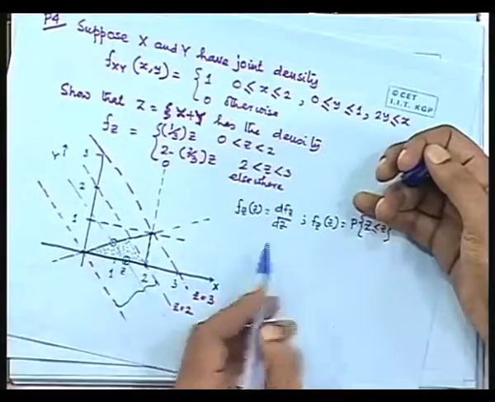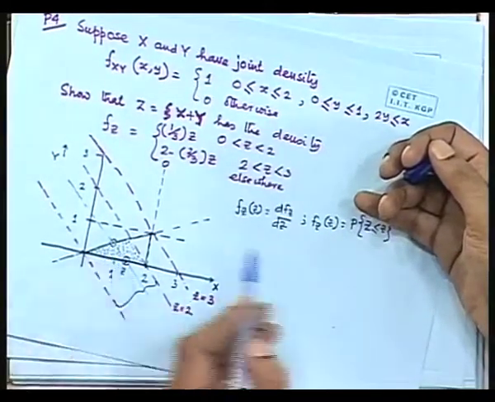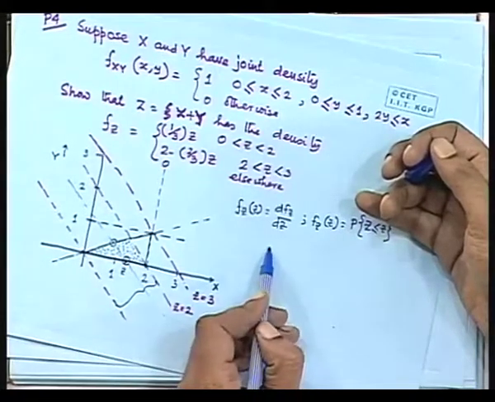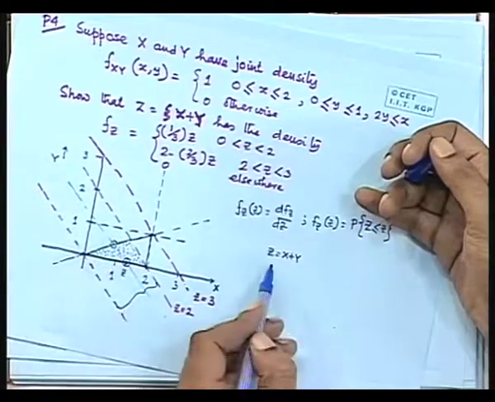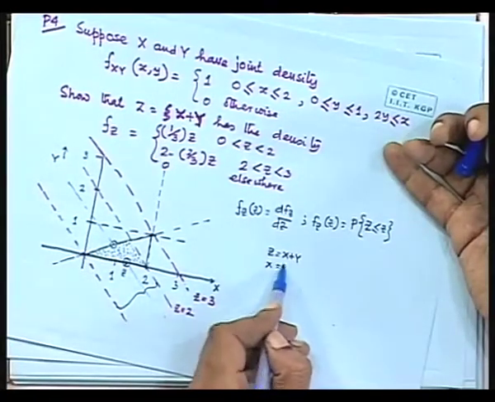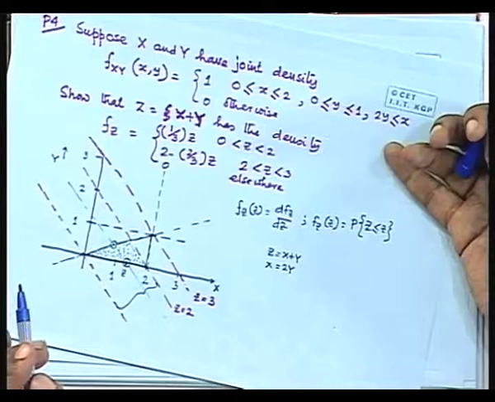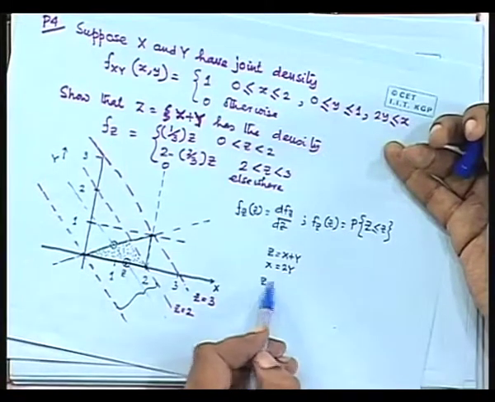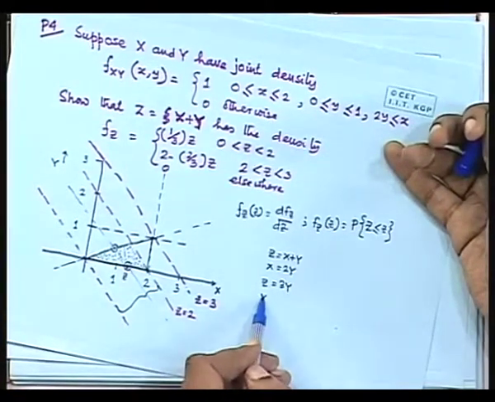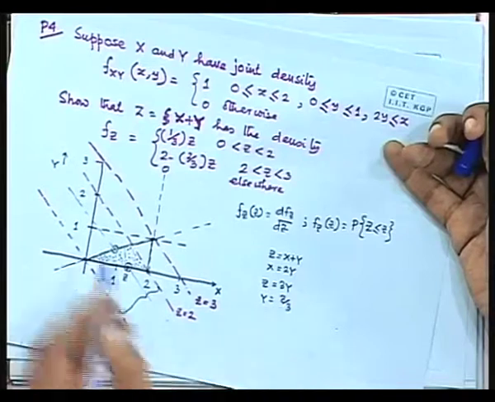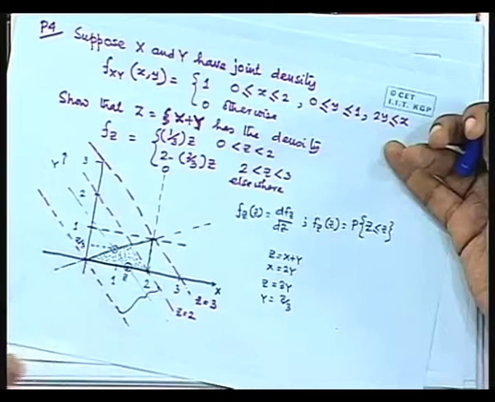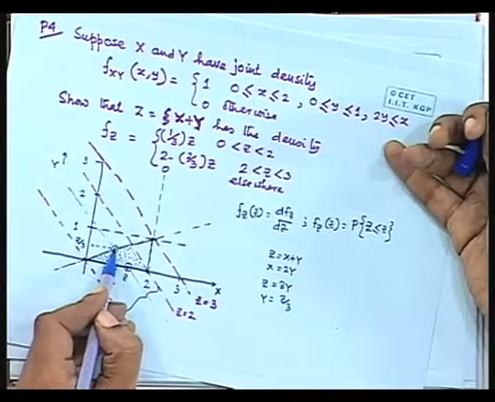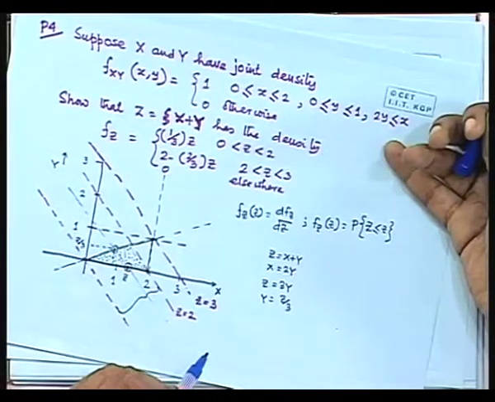On the intersection, z is equal to x plus y, and x is equal to twice y. So z is equal to 3y, so y is equal to z by 3. So this is z by 3, right?